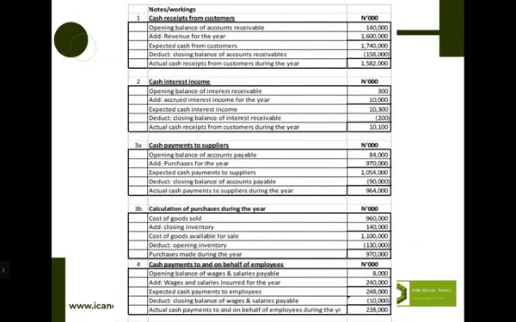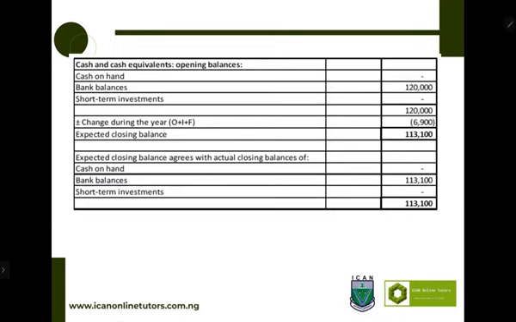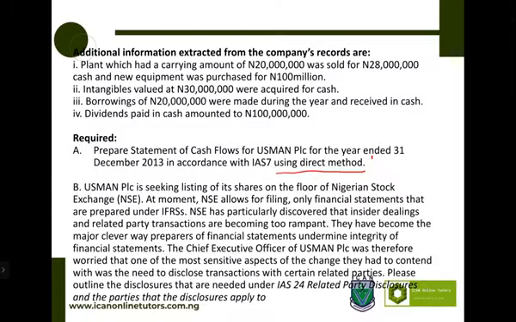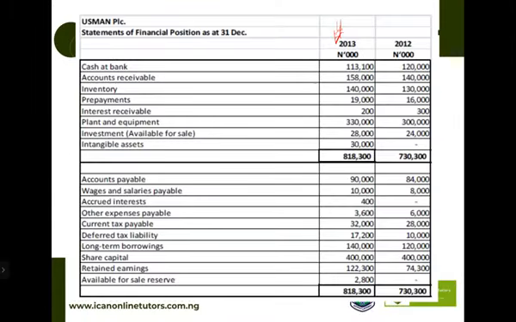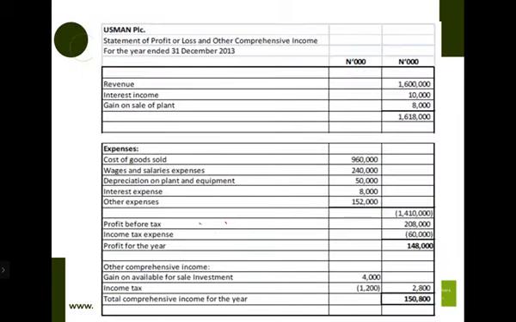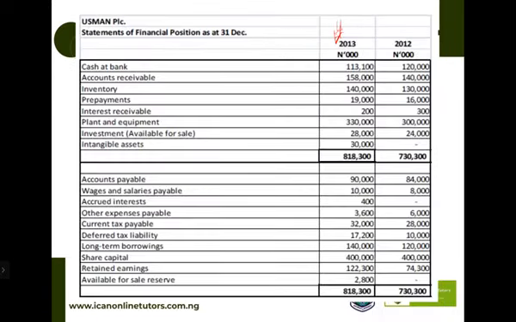So cash received from customers, where is our receivable? Accounts receivable. You can see this is last year and this is the current year. Last year will become opening, don't forget. This one will become closing.